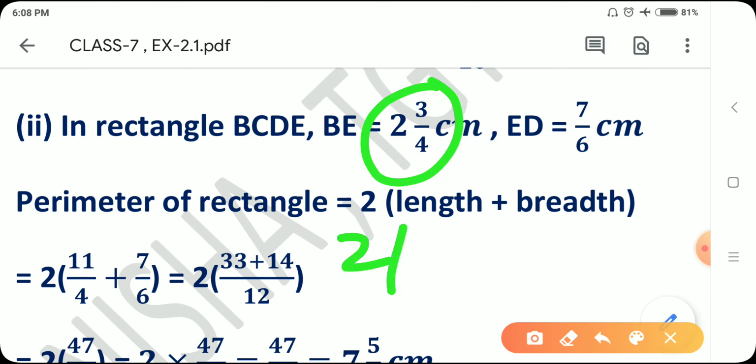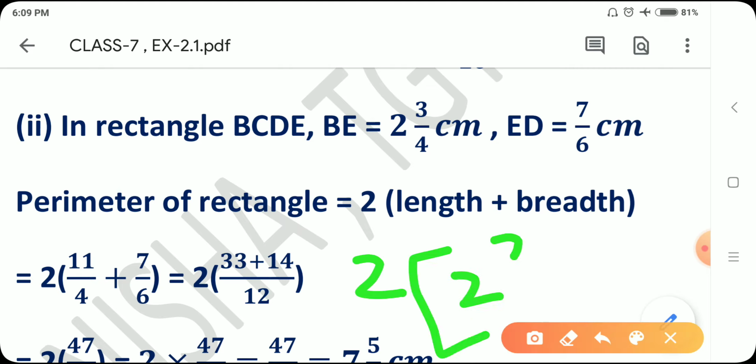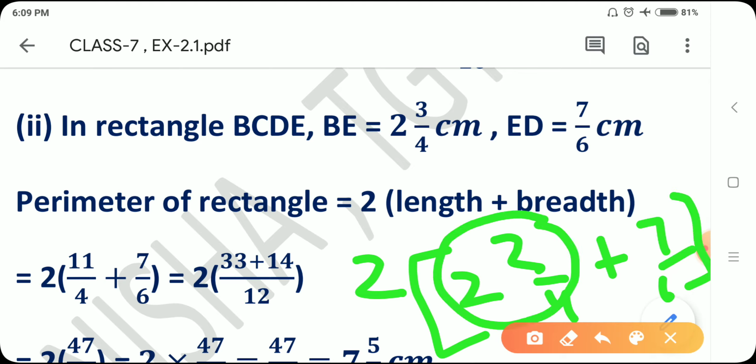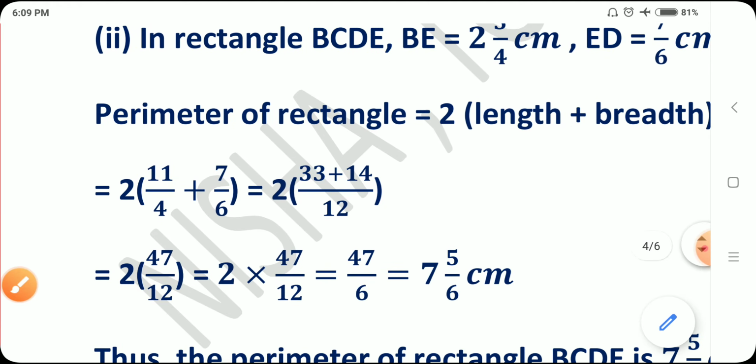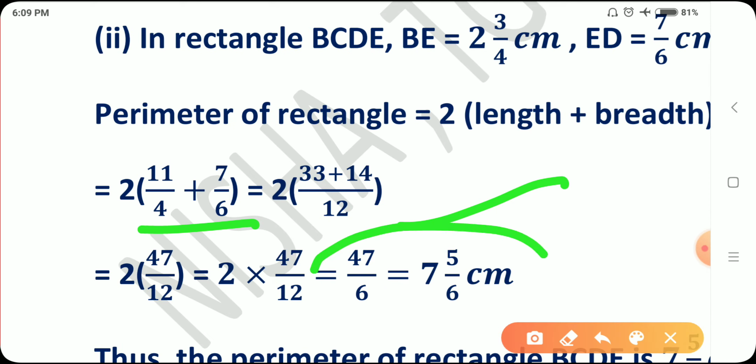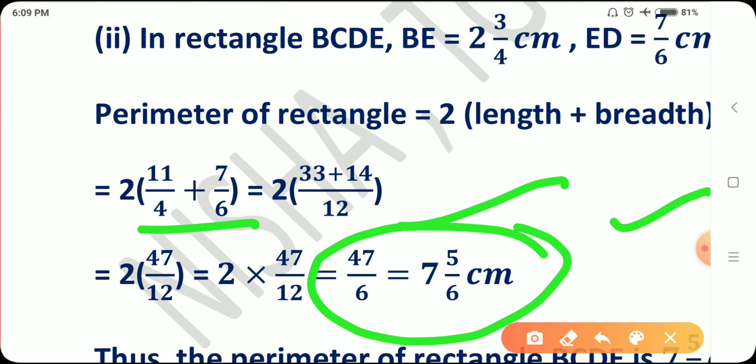So you will put 2 as it is. You will write 2 3 by 4 plus breadth is 7 by 6. Okay, so changing this, you will get 11 by 4 and then plus 7 by 6. Taking LCM and solving, your answer will be 7 5 by 6 centimeter.